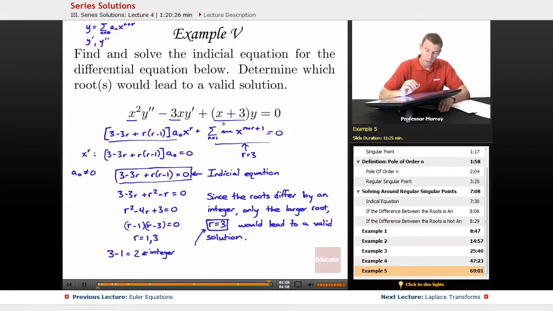And we plugged those terms in, we got these big series, and then when we got all these different series, the first thing we did was we tried to match exponents, x to the n plus r. And then we tried to match starting indices.